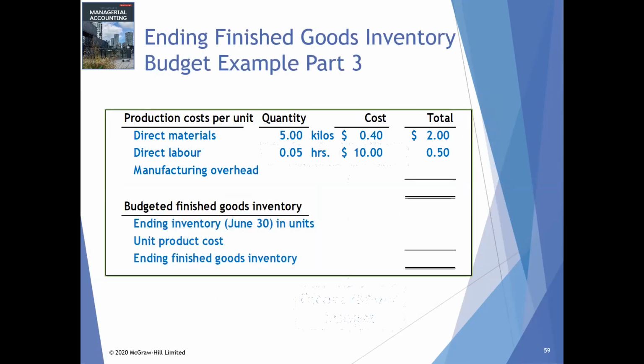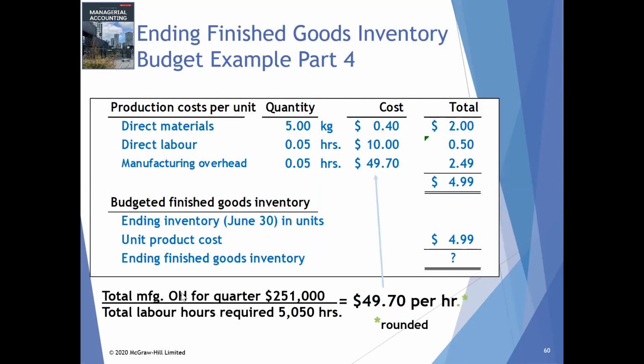To calculate the manufacturing overhead, we have the total labor hours required, 5,050. With this much time, production can be completed for the required units that we have already set and budgeted.